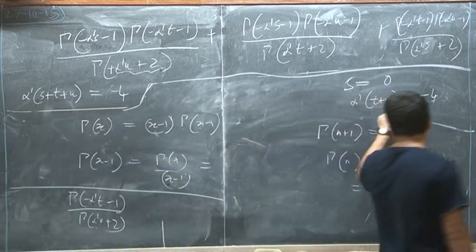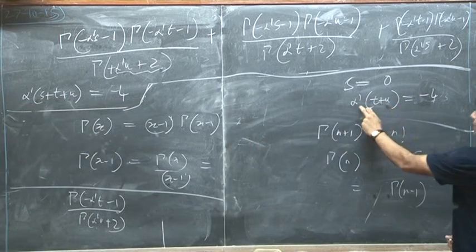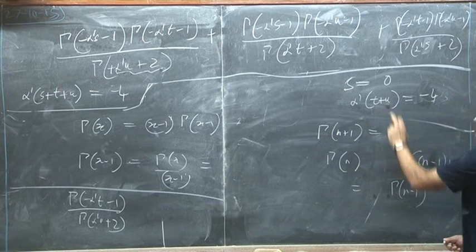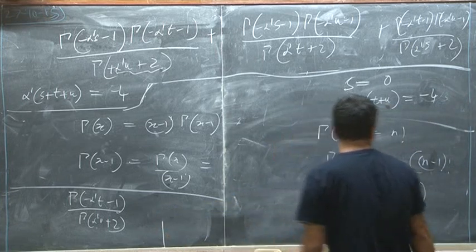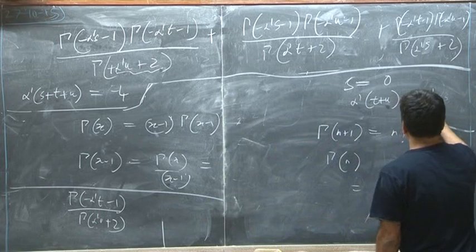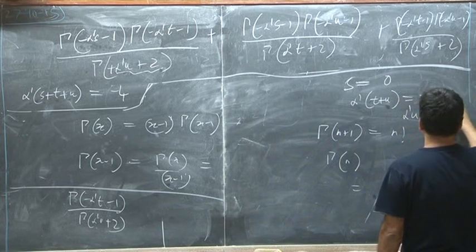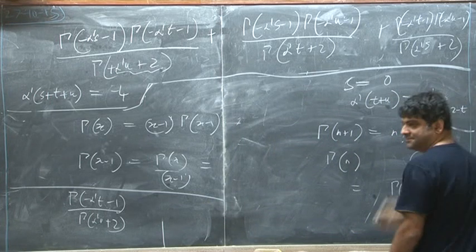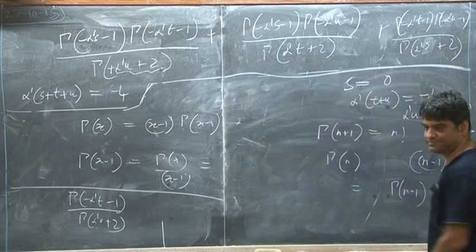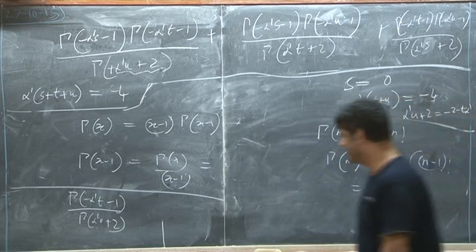Now substitute u in terms of t. So alpha prime u plus 2 is equal to minus alpha prime t minus 2.